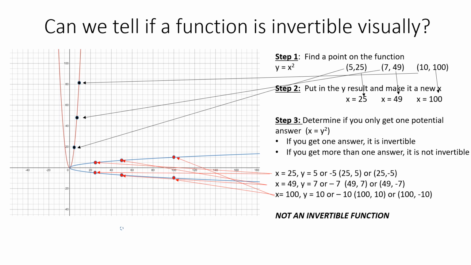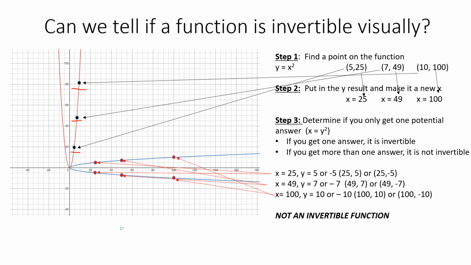Now visually, how can you tell if a function is invertible? Well, basically, I've got y equals x squared. Now I've got 5 equals 25 right here. If I put in 7, 7 squared is 49, and if I put in 10, I get an output of 100.